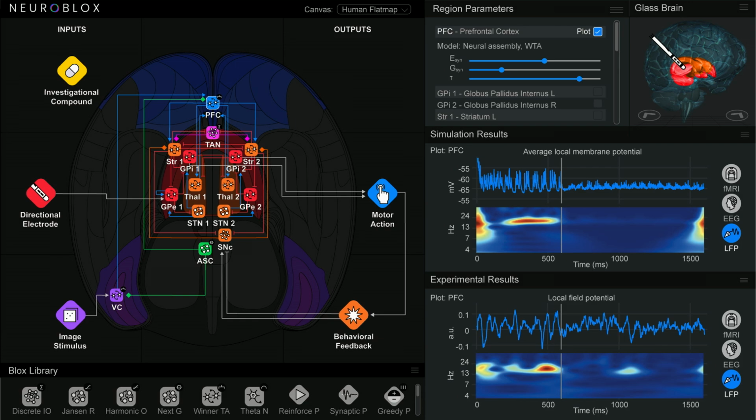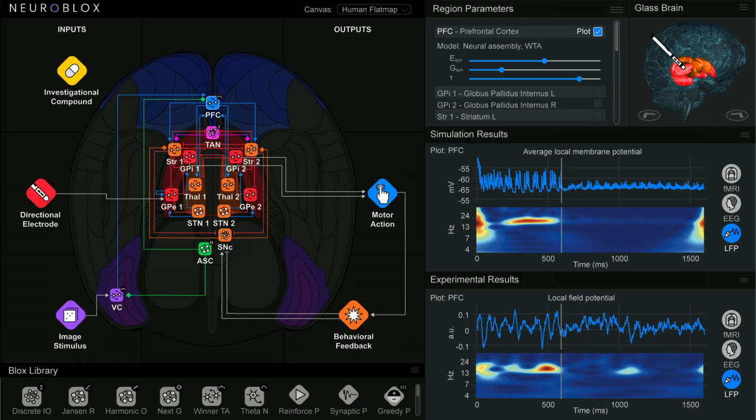One of them is that you can have mechanistic maps that overlay with this brain. For example, if you know what the GLUT4 density distribution is throughout the brain, you can map it onto here, and that will change the underlying parameters of how your model is running.